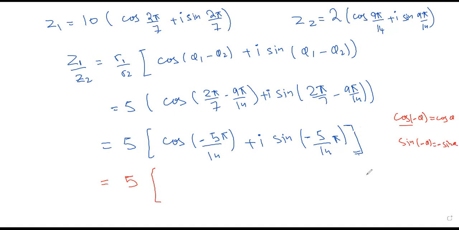Did you know this before? Okay, so we can finally write the answer as 5 [cos 5 by 14 pi minus iota sine 5 by 14 pi]. So this would be the answer finally. Did you understand this completely?